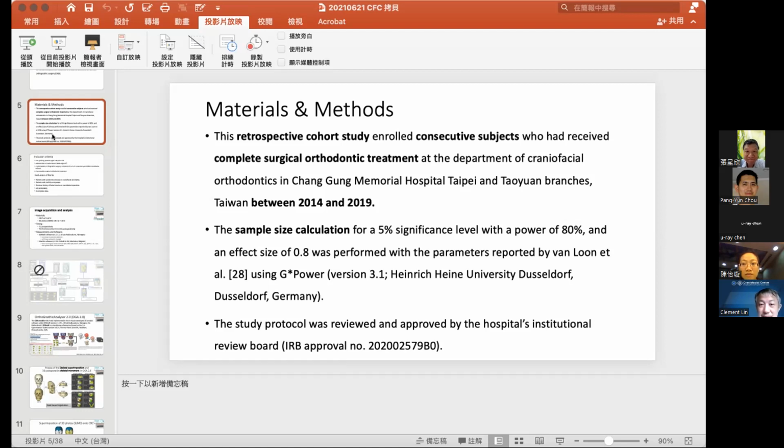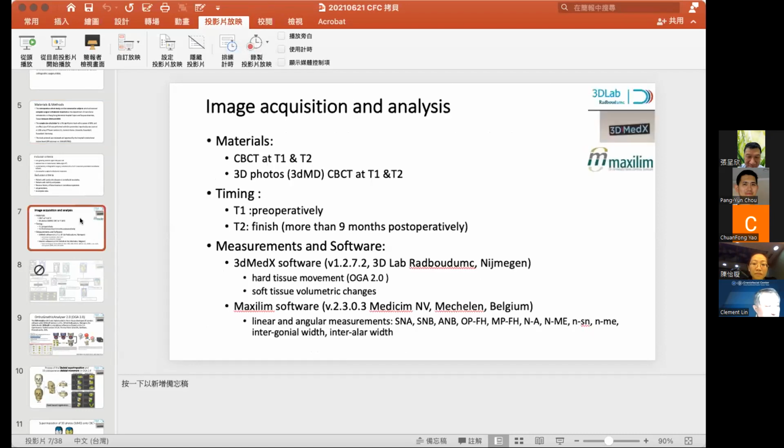Thank you, Dr. Zhang. Thank you. Dr. Yao, could you have some comments or questions? Just one small question. I saw your study design, the T2 is more than 9 months post-operative.